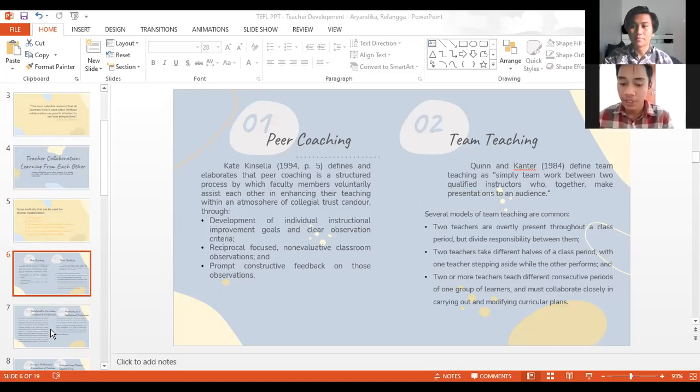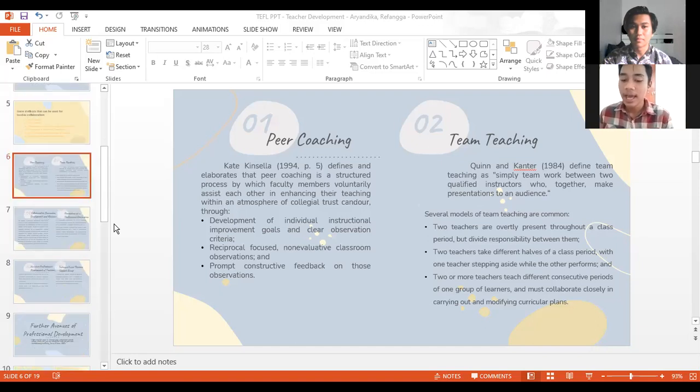The advantages of team teaching, especially in the first and second models, parallel those of peer coaching. Teachers are encouraged to collaborate, to consider respective strengths, and to engage in reflective practice.